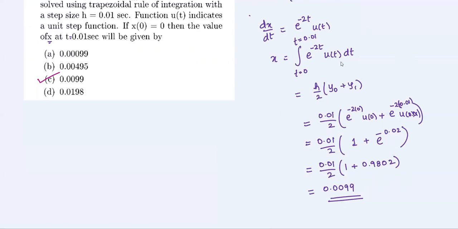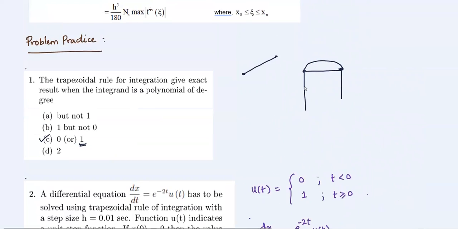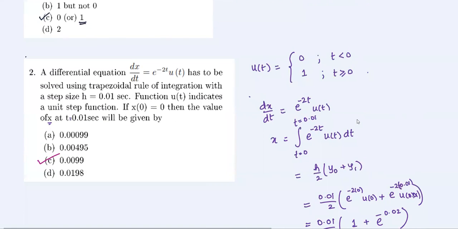So what did we do? We have to solve the differential equation, but we want the next step. What will be the function value at the next step of integration? We are using the trapezoidal rule here, with h by 2 into (y0 plus y1).